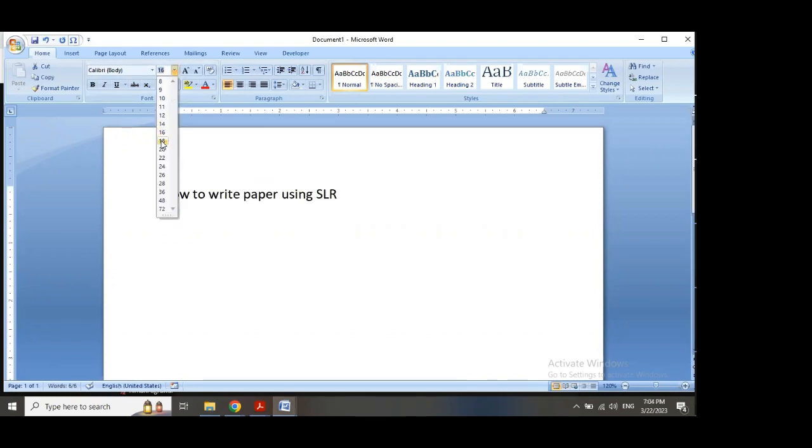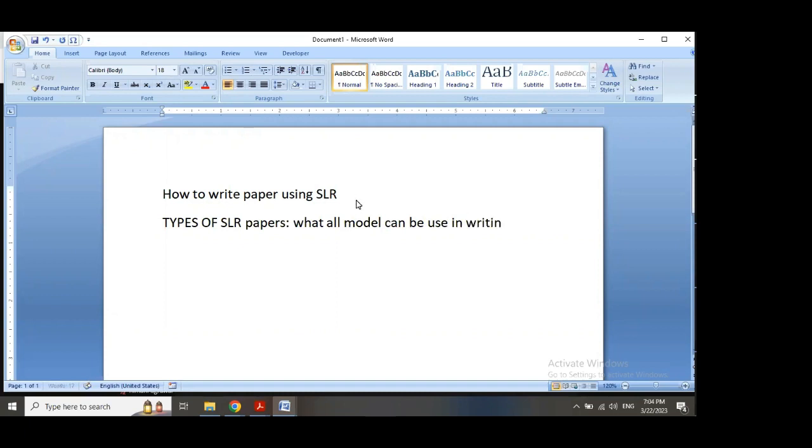And another thing that we'll be talking about is the types of SLR papers, like what all models we can use in writing an SLR paper, right? So these are the two topics that I'll be talking about. So let's talk about how to write a paper using SLR.